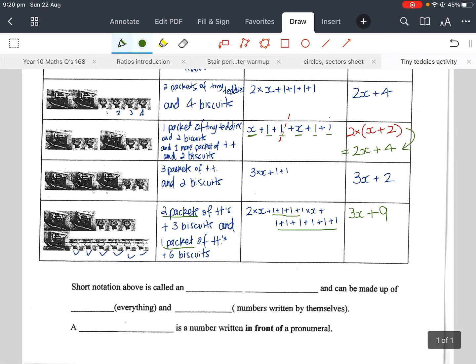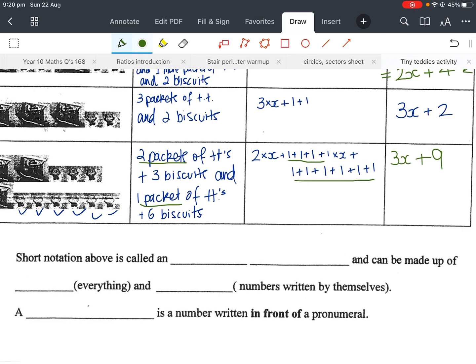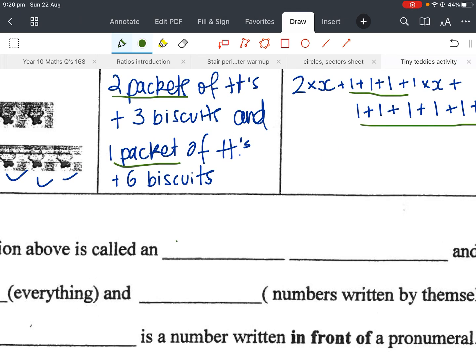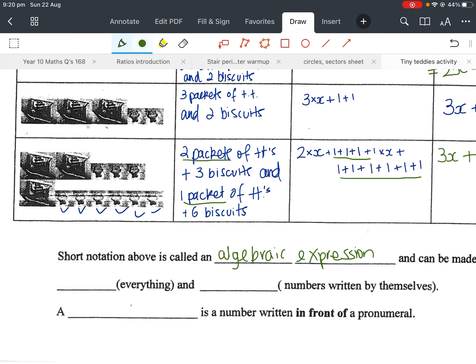All right, let's see if we can answer the end at the bottom. It says, short notation above is called an, well, that's called an algebraic expression. Okay, so whenever we do those shortened notation ones, that's called an algebraic expression and can be made up of everything and numbers written by themselves.